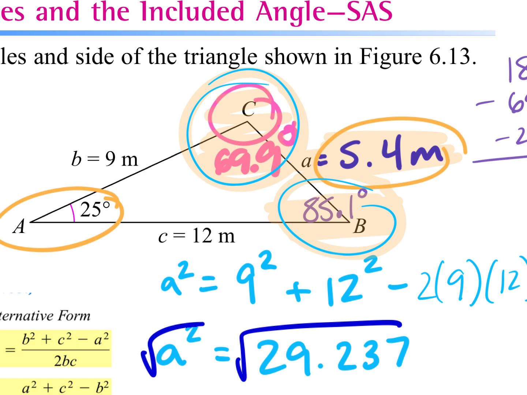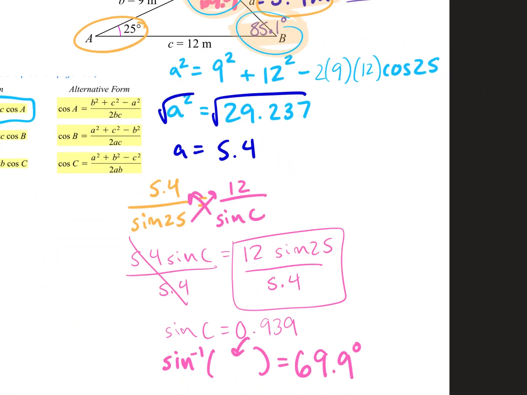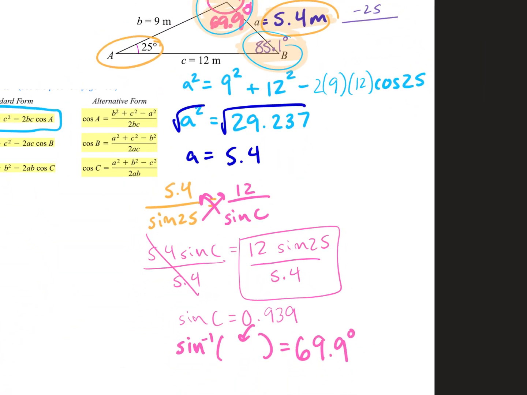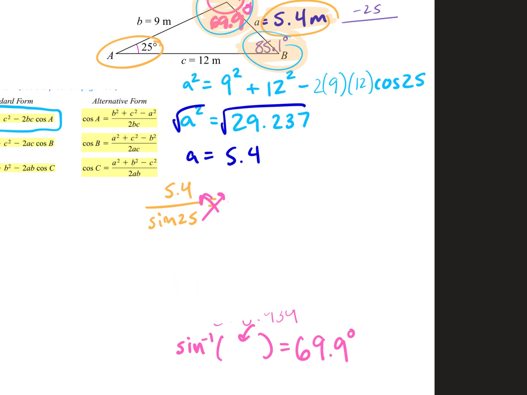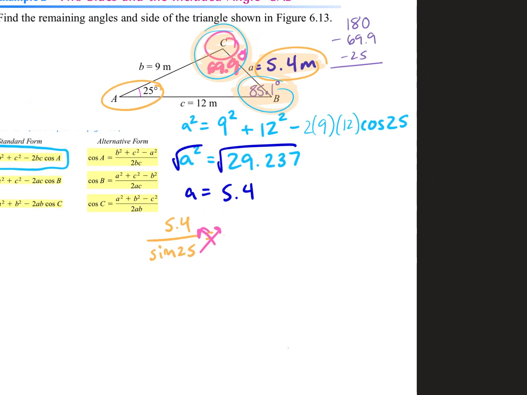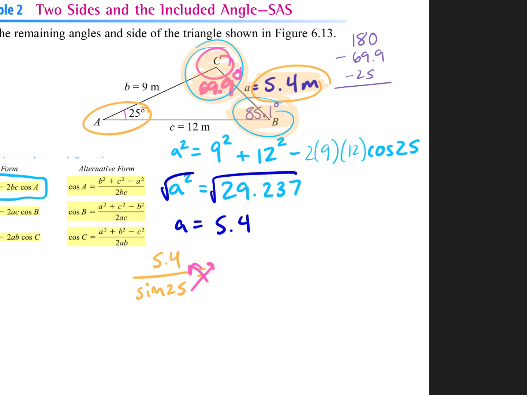So, Stefano, did you find angle B first here? Perfect. So that will happen sometimes, but you just have to check your work at the end where the sides don't match up.